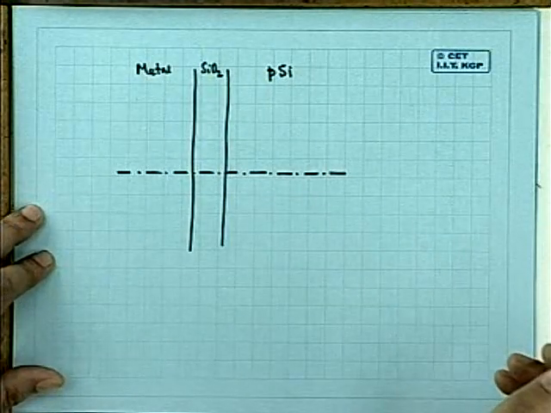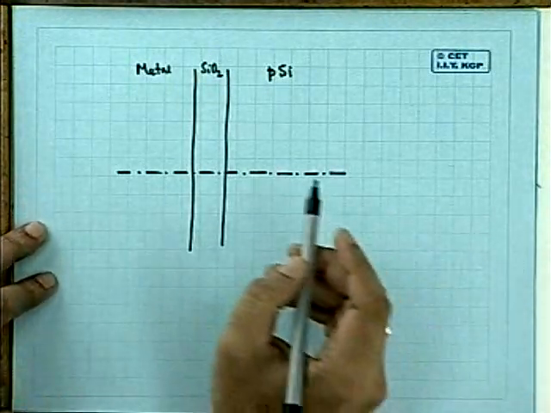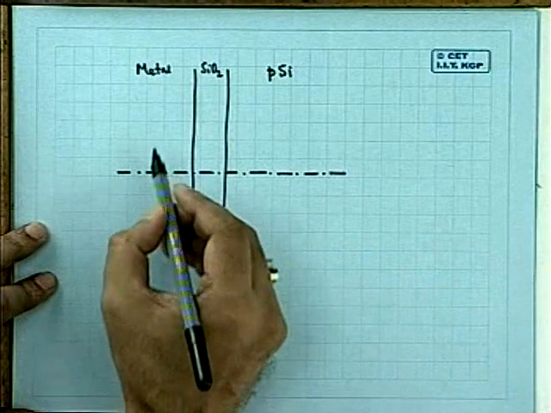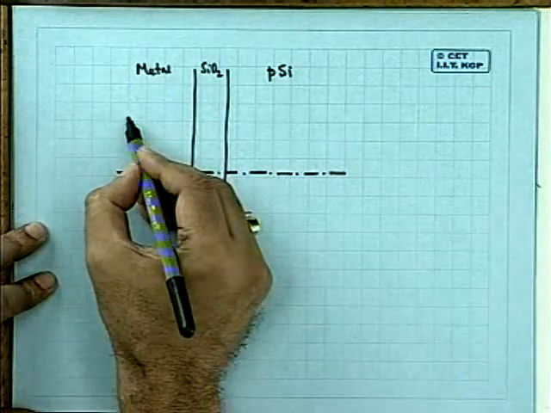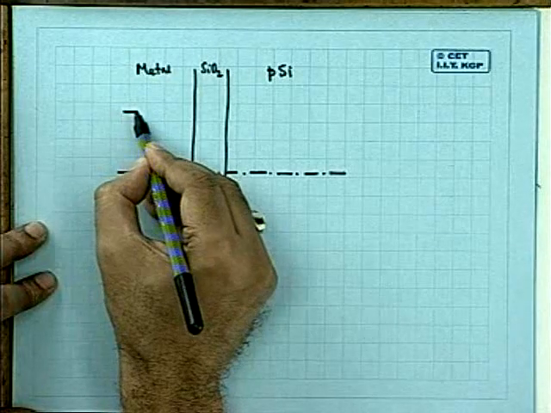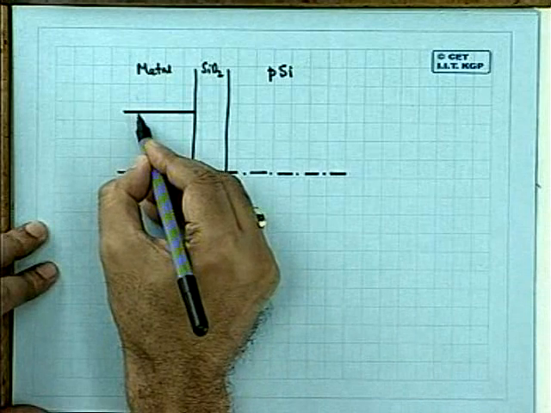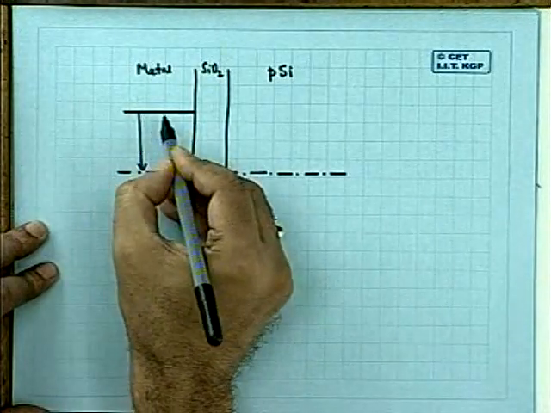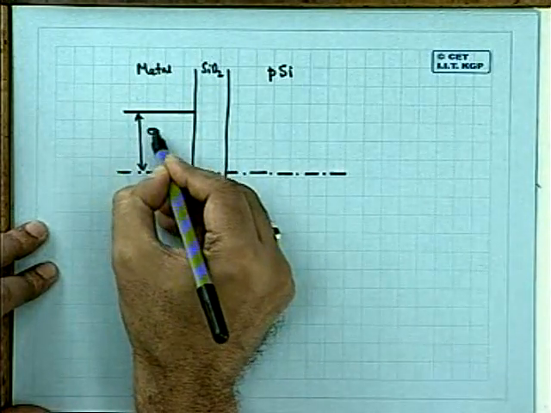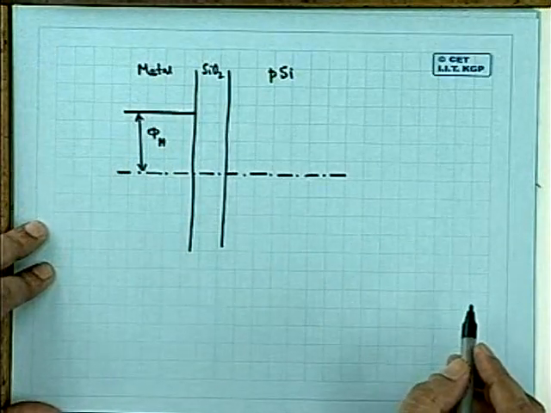So what is going to happen? Now in this case, you know that automatically the vacuum levels will be adjusted. This is now the vacuum level for the metal. This is phi m. Okay?